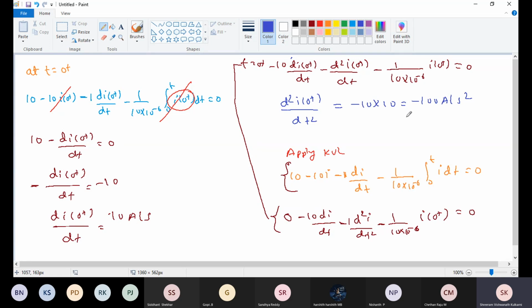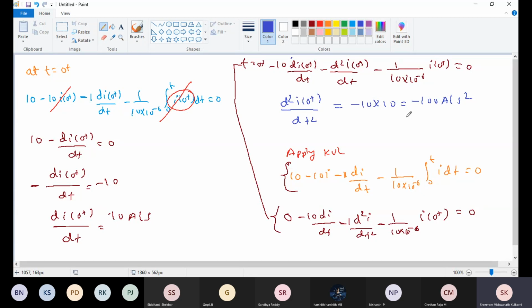Then the next condition is for t greater than 0: we redraw the circuit keeping all the inductance, capacitance and resistance as they are, and the current flowing through that circuit will be i(t).